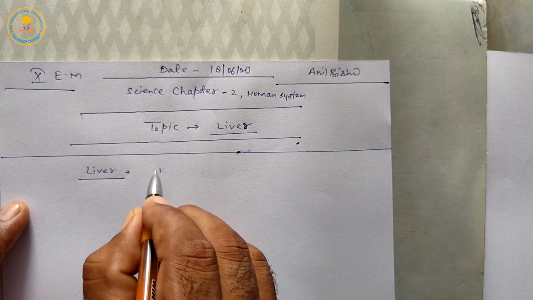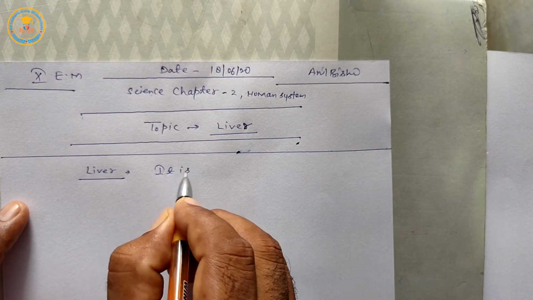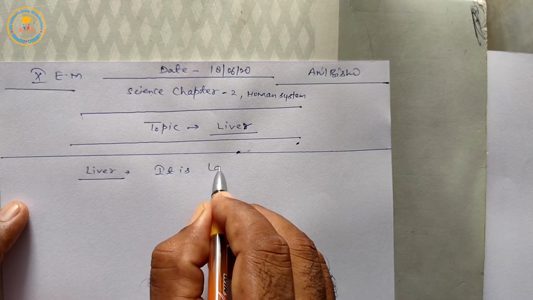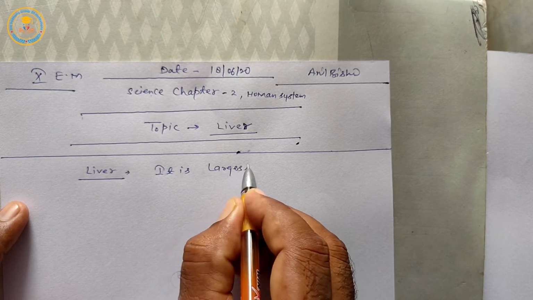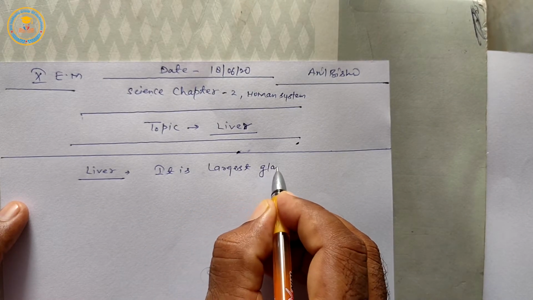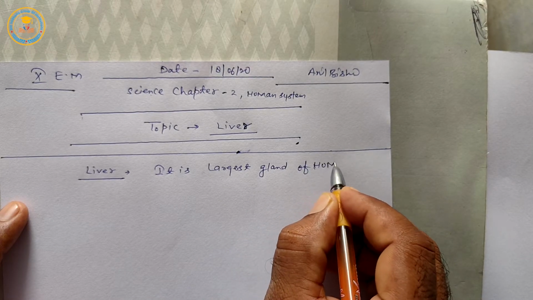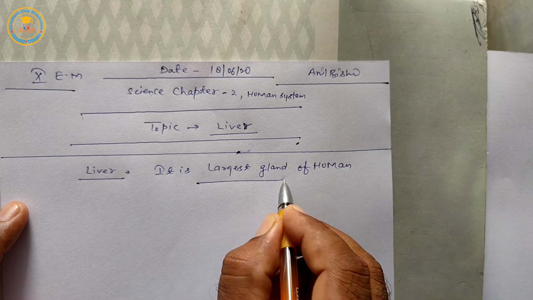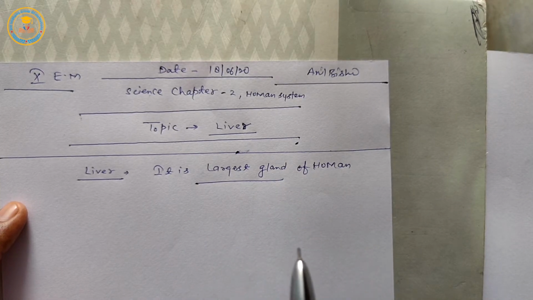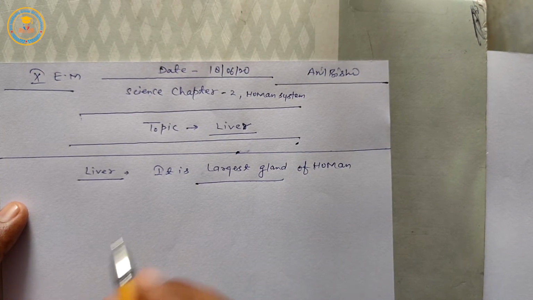Students, it is the largest gland of humans. Once again, liver is the largest gland of humans.